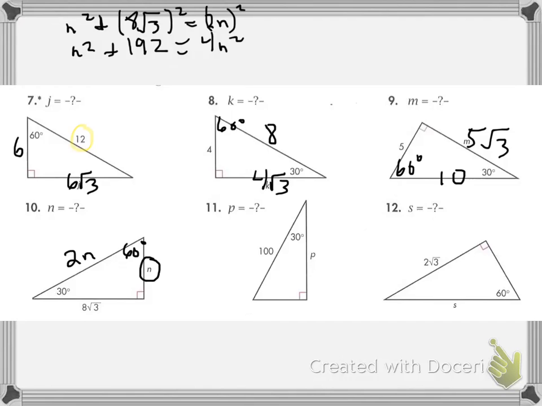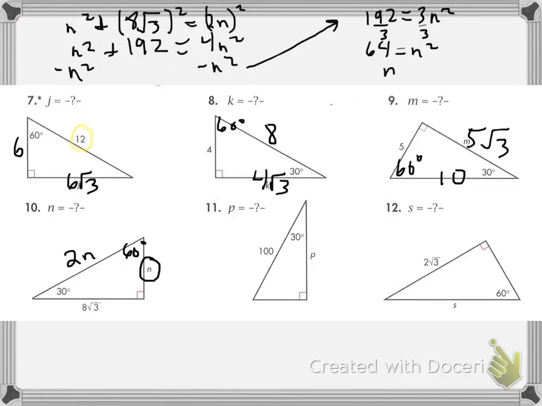Okay, so now I need to get all the n squareds to one side. Subtract n squared. Do some work over here. And you get 192 equals 3n squared. So if I divide by 3, I'm going to get n squared equals 64.